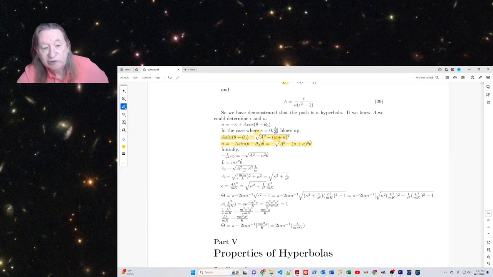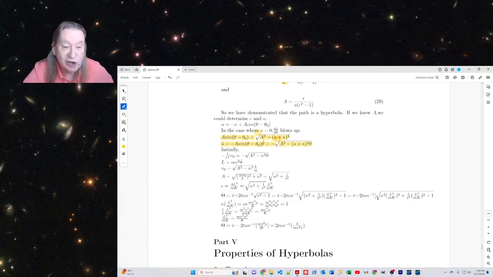Solving these equations, we get the scattering angle is equal to pi minus 2 times the arctangent of the mass times the velocity squared times the impact parameter s divided by the force constant. The force constant k is the product of the 2 charges divided by a proportionality factor designed to make the units come out right.